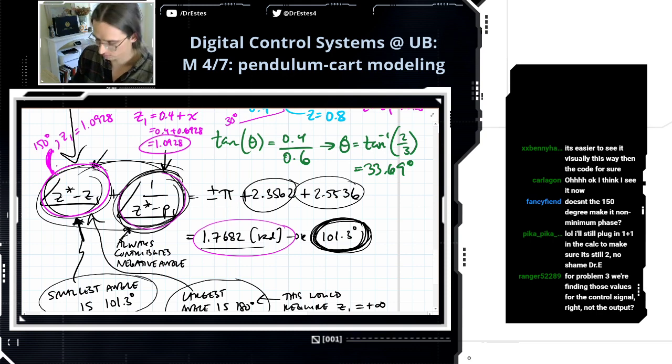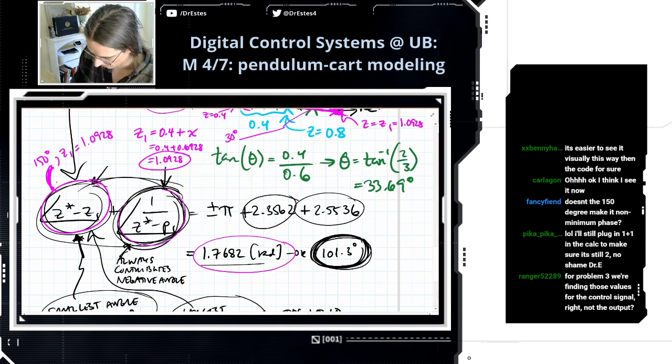And then, if I picked 150 degrees for the zero, overall I need 101.3 degrees. So the pole needs to be 101.3 minus 150 degrees, so that overall it adds up to 101.3.